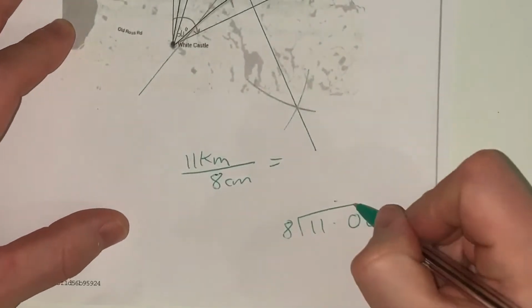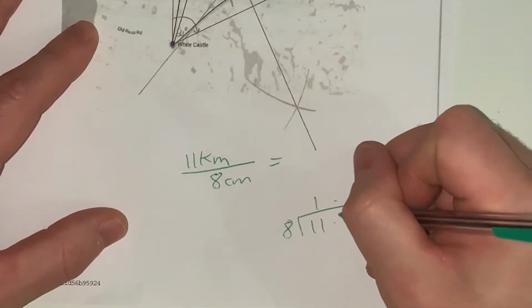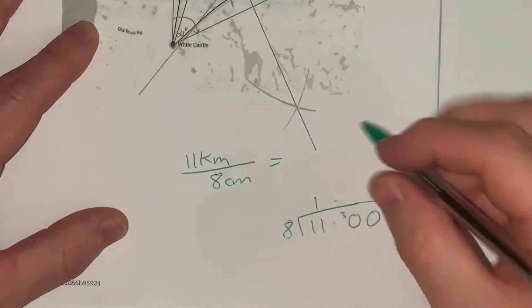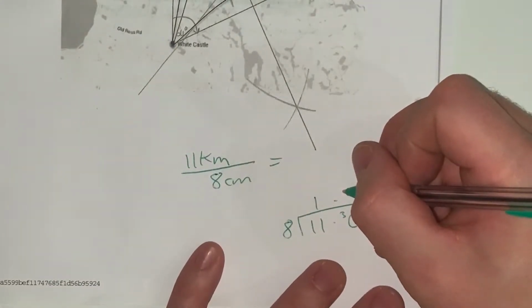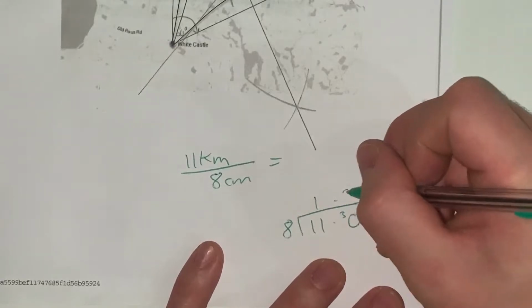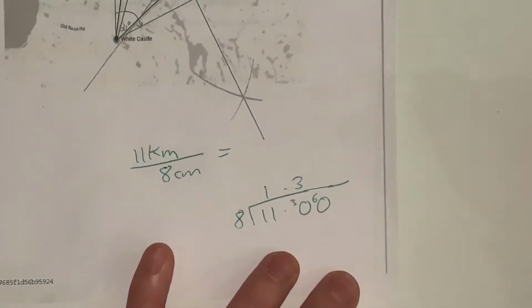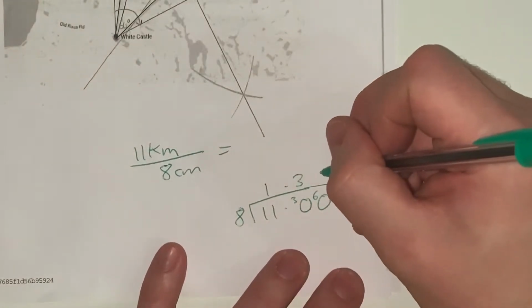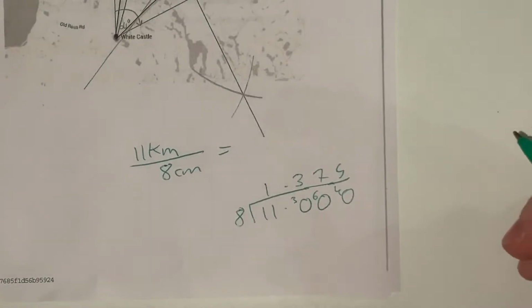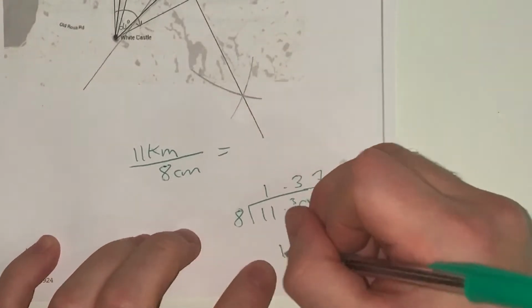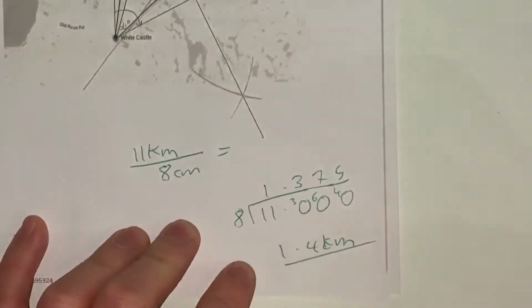A couple of zeros, 8 into 11 once, remainder 3. 8 into 30 goes 3, and then 8 into 60 is going to be 7 times remainder 4, and then 5 times. So it's 1.375. Because it's an approximate, you could have just written 1.4 kilometers per centimeter.